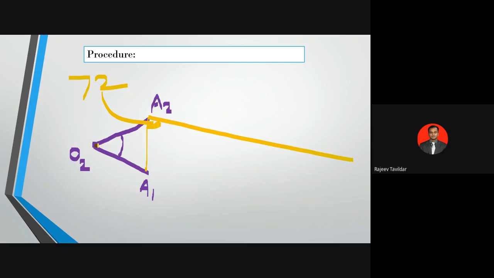Wherever this line intersects your previously drawn horizontal line, that point automatically becomes your point O4. This is how we do it. First we assume O4 at some particular position, and based on that position we check how much angle it should actually have. Then we draw that much angle and locate back that point O4.